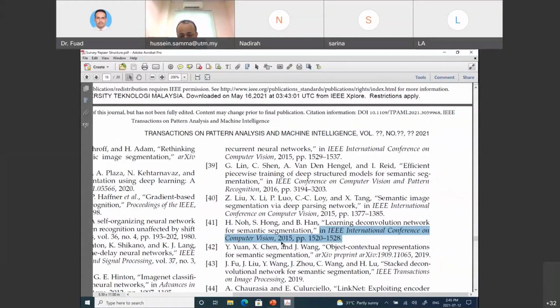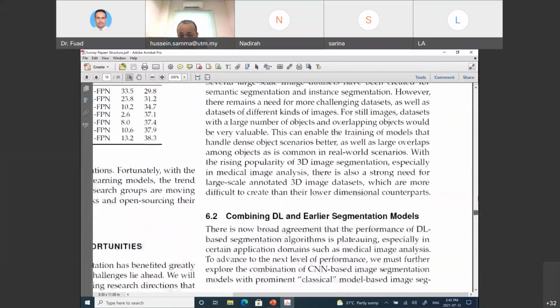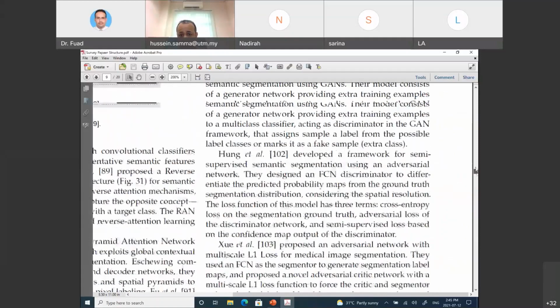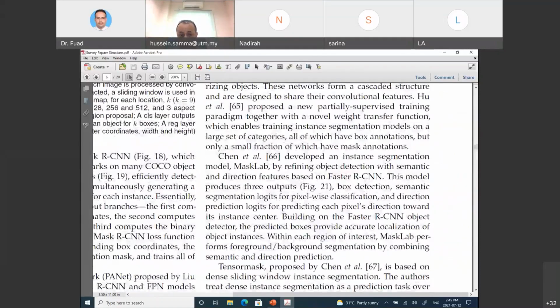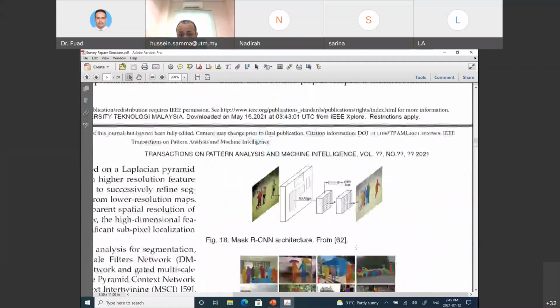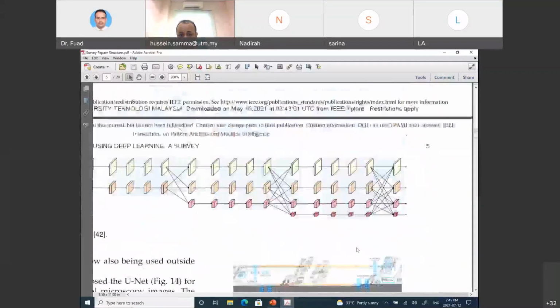So it's in 2015. But if you look at what other researchers suggest and improve, we return back to the model here.